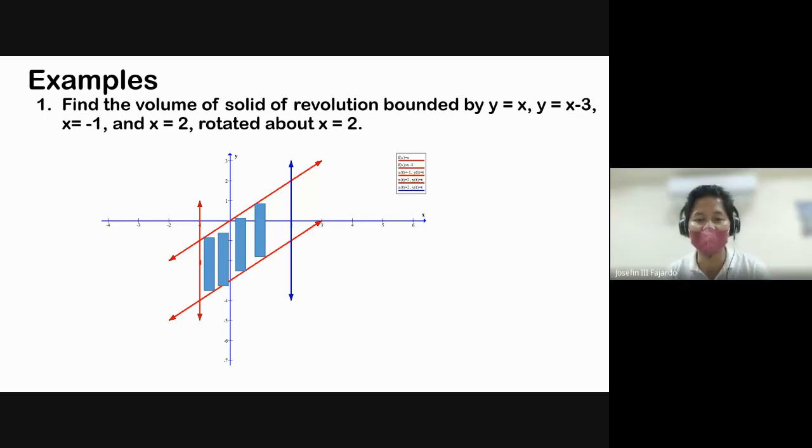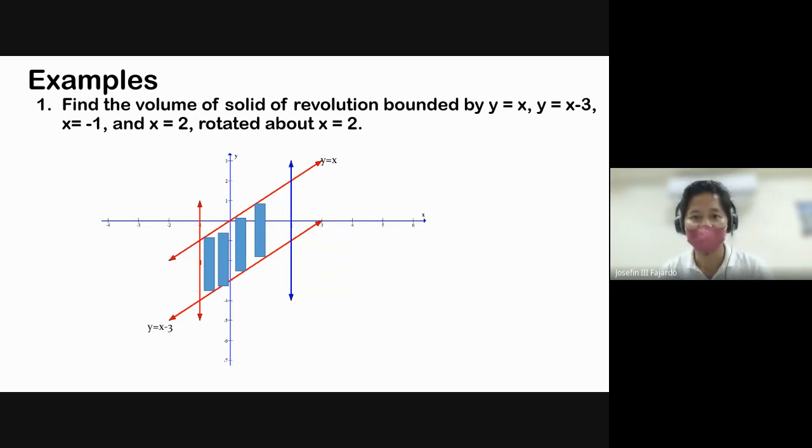Saan tumatama yung upper part ng rectangle natin? Laging dito sa ating y equals x, di ba? Lagyan natin ng label. Ito yung y equals x. And then ito namang isa is yung ating y equals x minus 3, yung ating y down. Right? Ito ilagay sa baba. Okay?